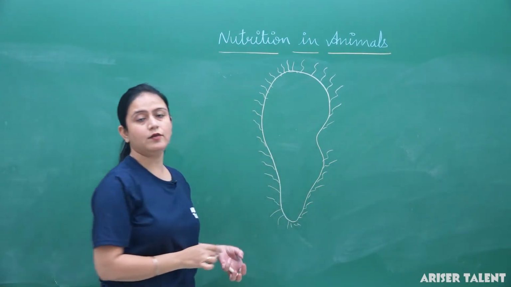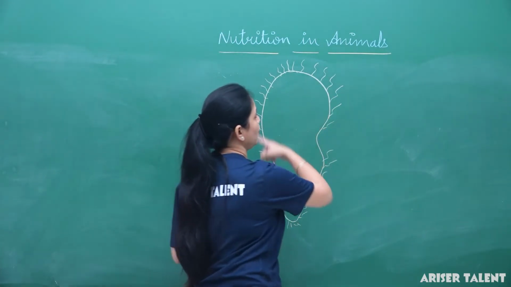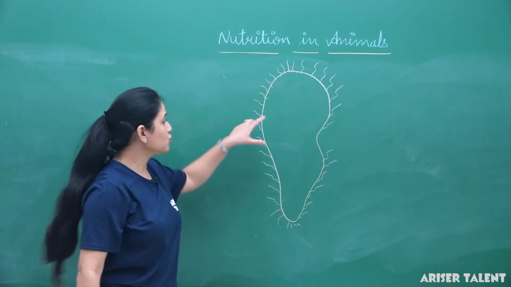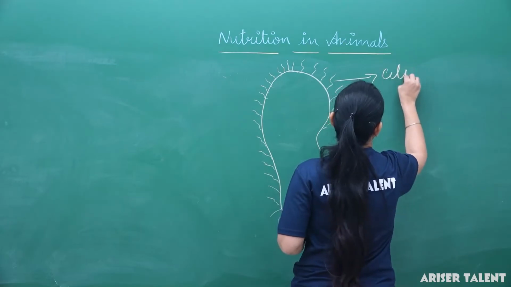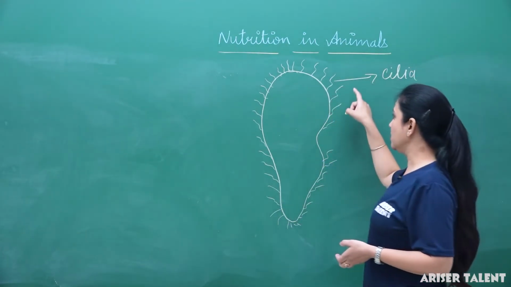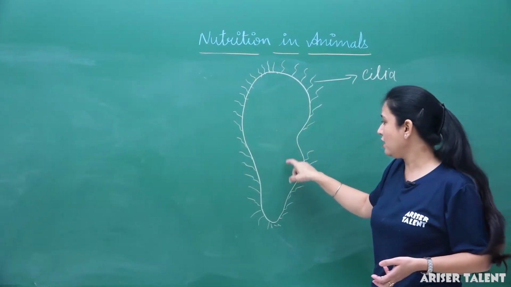These cilia help it to get its food particles. As I told you, paramecium is found in the water, so these cilia help it to move, as well as these cilia throw the food particle to the mouth.